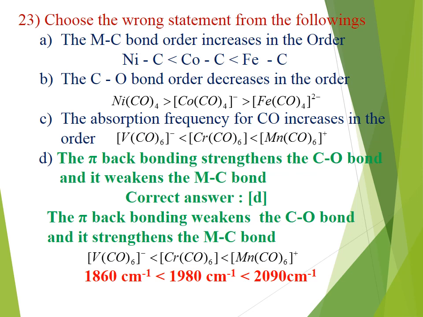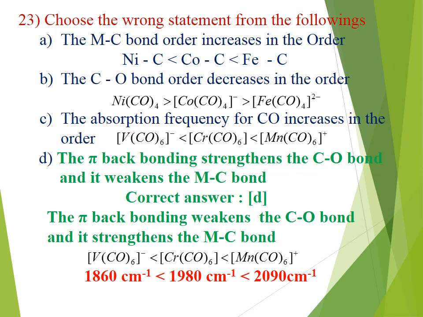The pi bonding strengthens the C-O bond and weakens the M-C bond. That is the wrong statement. Therefore, for this question, the correct answer is D. The correct statement is that pi bonding weakens the C-O bond and strengthens the M-C bond. And the carbonyl frequency order is also given.